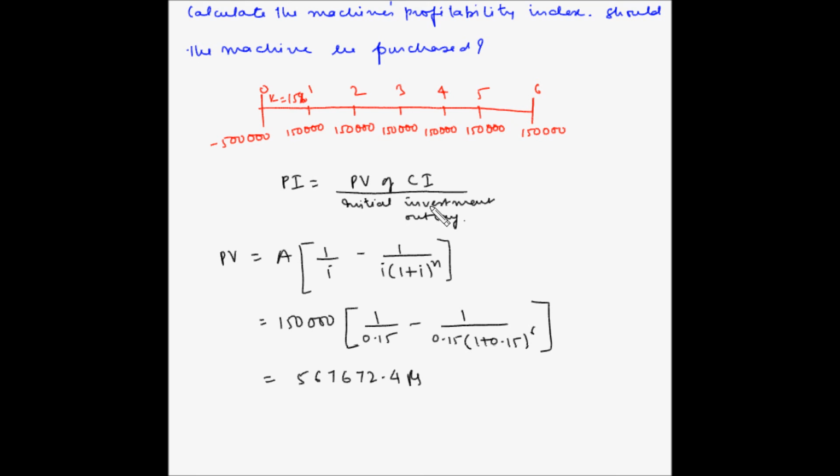Now we know the initial investment outlay is 500,000. So the profitability index becomes 567,672.4 divided by 5 lakh. So this comes out to be 1.135.